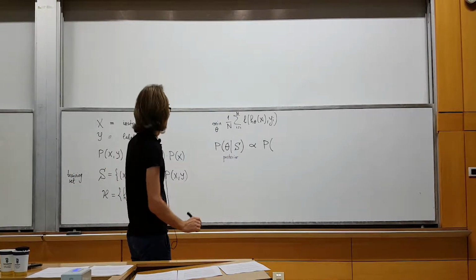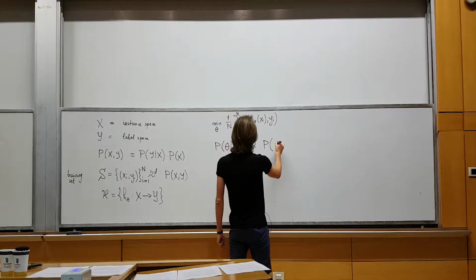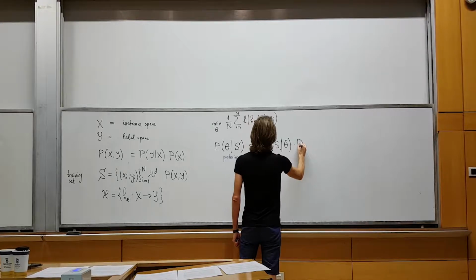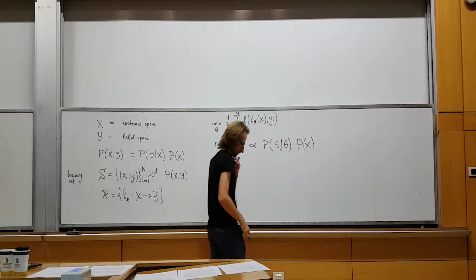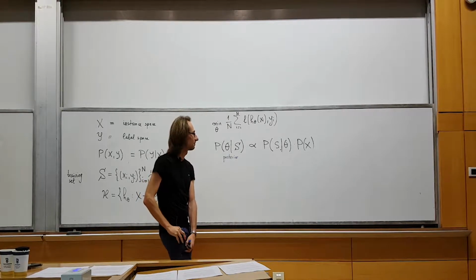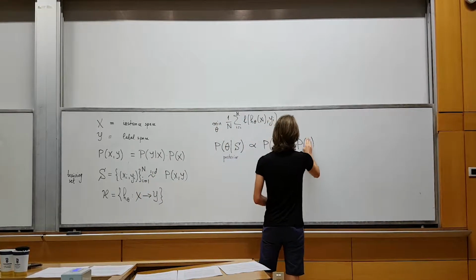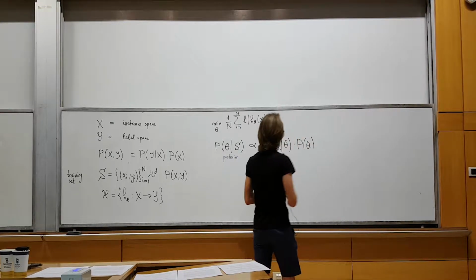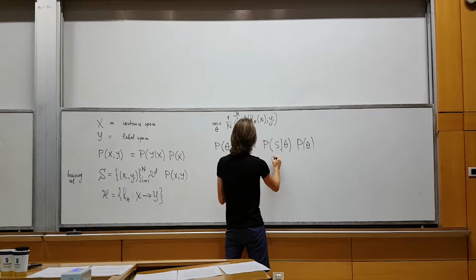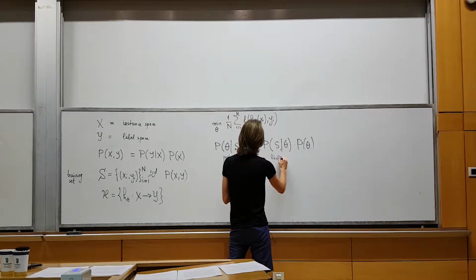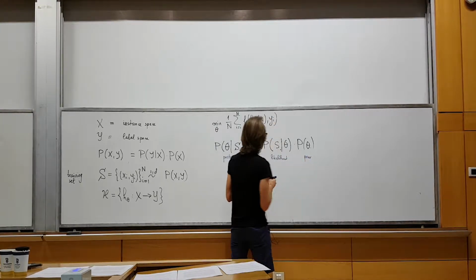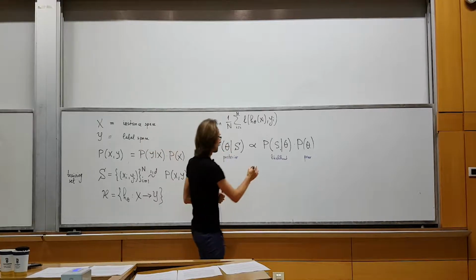Okay. So the way I'm going to write it, I will write it as P of S given theta times P of theta. Can you hear me? In the Bayesian language, the first term is called the likelihood, and the second is called the prior. So let me rewrite this.